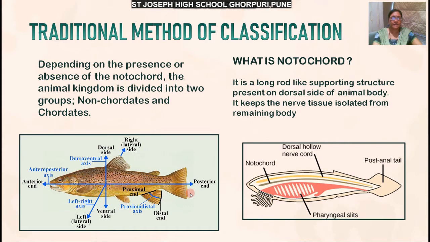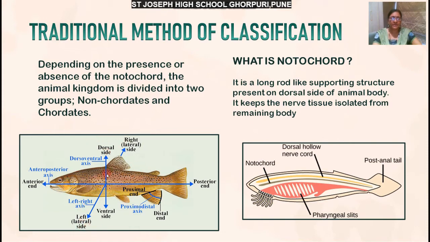The rear part is called the posterior end. Then we have other words which are used, like lateral. It depends on the side where it is. On the right side, it is called the right lateral side, and on the left side, it is called the left lateral side. I hope this concept is clear.